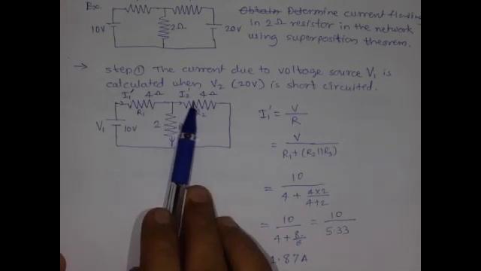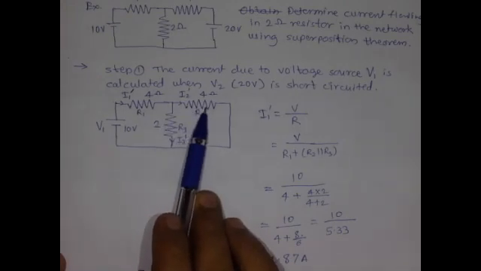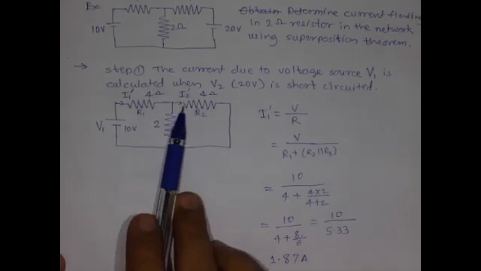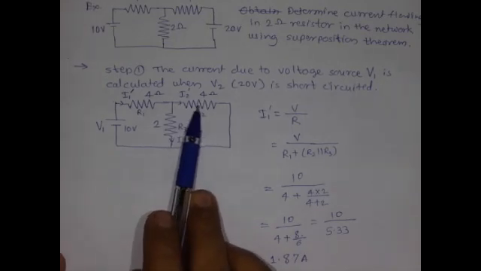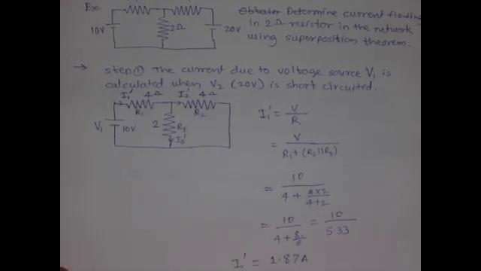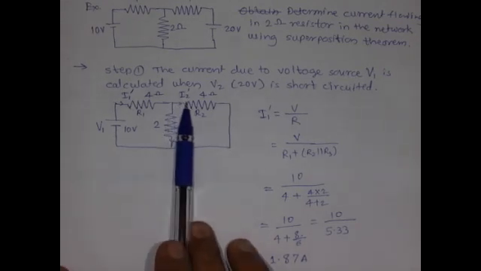Some current I2 dash flows to R2, and I3 dash flows to R3. Here we have to consider the direction of currents. For I2 dash, the current direction is from left to right. Now we have to see what happens when the other source is connected. Before that, we also have to find the values of I2 dash and I3 dash.